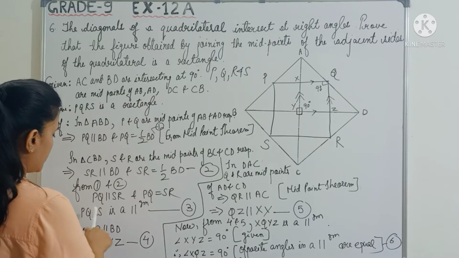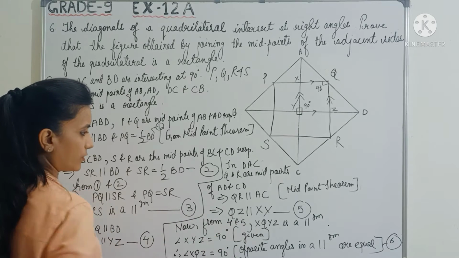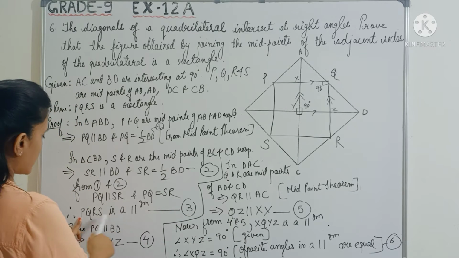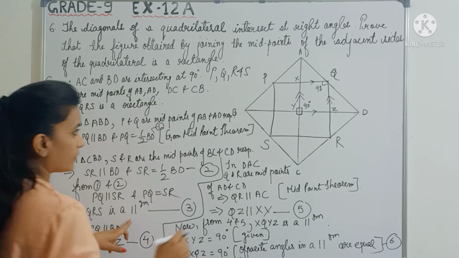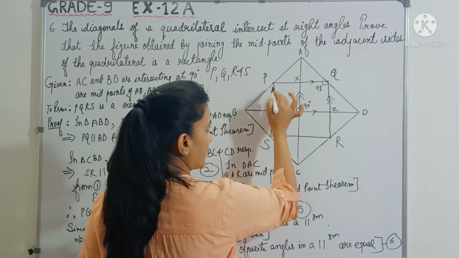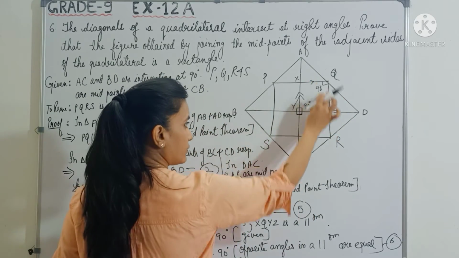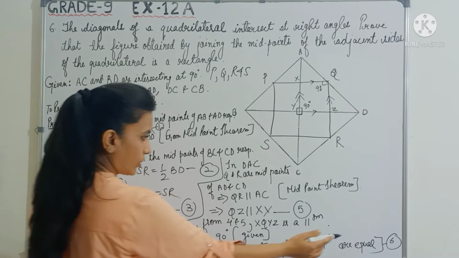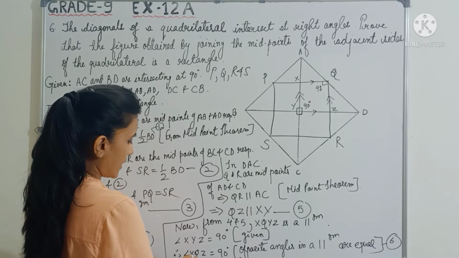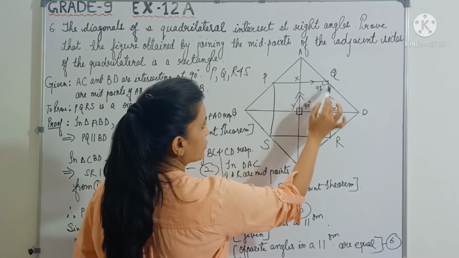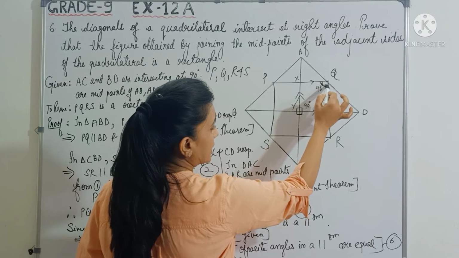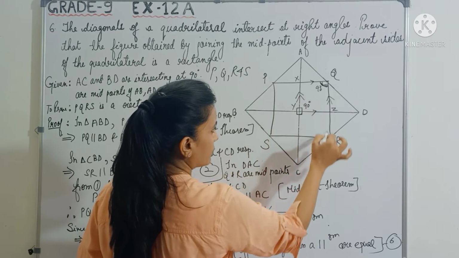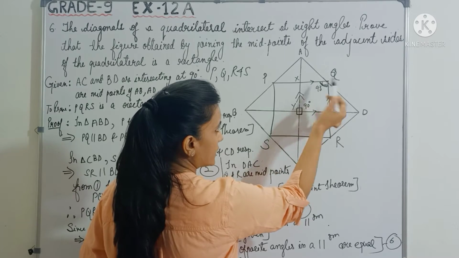Now from 3 and 6, what can you conclude? See, what 3 says is that PQRS is a parallelogram, right? And in this parallelogram, what 6 says is that angle XQZ, it means this angle, is 90 degrees, right? In this parallelogram, one angle is 90 degrees.